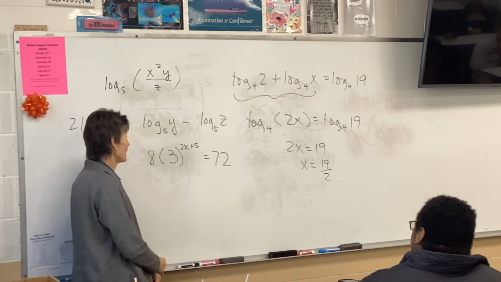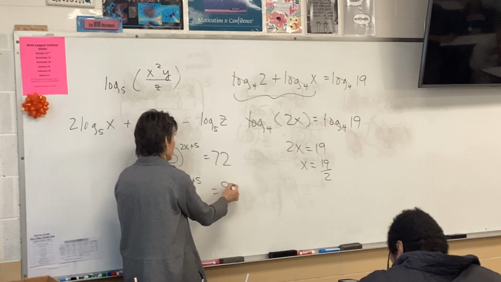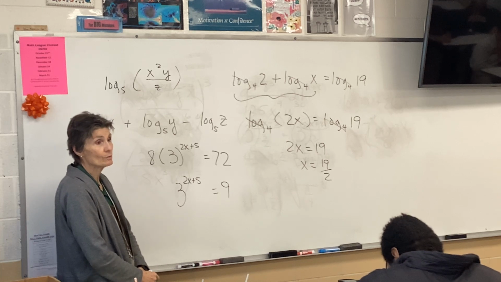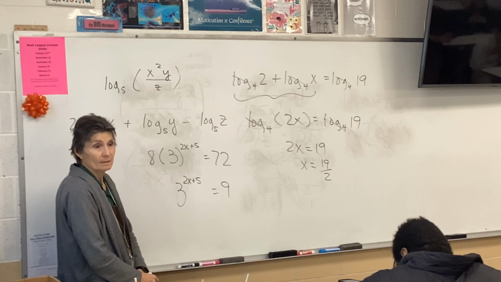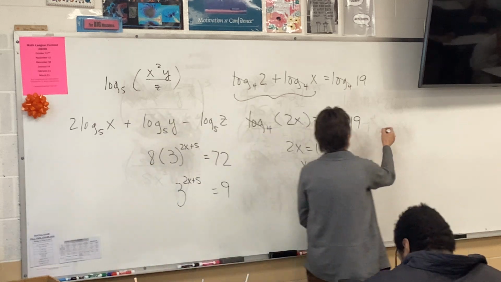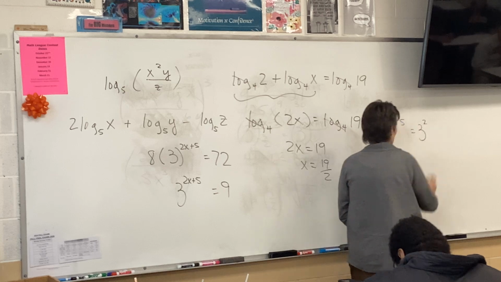So we're gonna divide that out. So 3 to the 2x plus 5 equals 9. Oh boy, that's happy, joyous news. Why? Because you can get a base. 9 is 3 squared. So now we have 3 to the 2x plus 5 equals 3 squared.